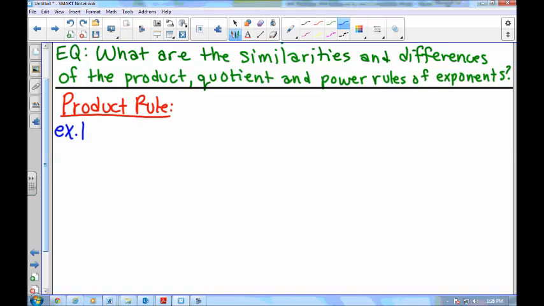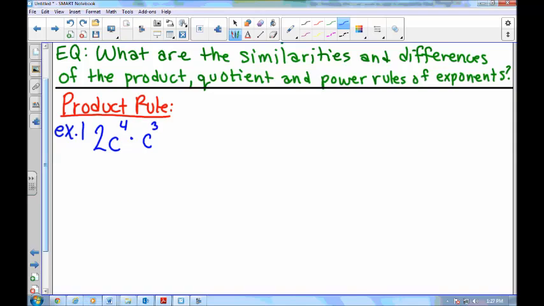Okay, C. And Sadie, what's your favorite number? 2. Okay, thank you. 2C to the 4th times C cubed.